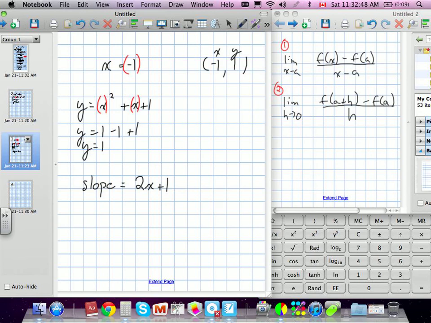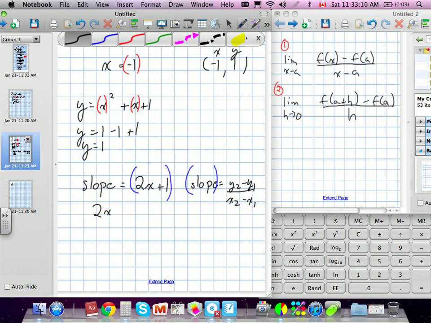Sorry, I'm going to put it over here again too. Think of this like two equations. y2 minus y1 over x2 minus x1. We're going to replace our slope here with the actual slope value we have, 2x plus 1, is equal to y2 minus y1 divided by x2 minus x1.